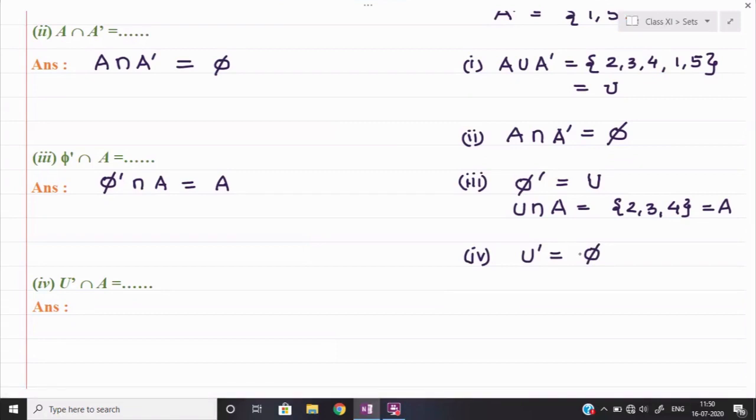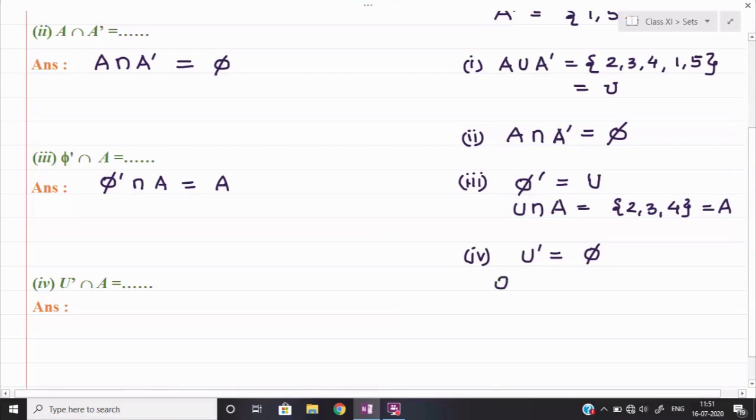So if you try to find out the complement of U, you have to subtract 1, 2, 3, 4, 5 from the universal set. Who is the universal set here? 1, 2, 3, 4, 5. So basically you are subtracting 1, 2, 3, 4, 5, the elements of U, from the universal set which has the elements 1, 2, 3, 4, 5 only. So remaining is nothing over there. So remember, U dash is always equal to phi.